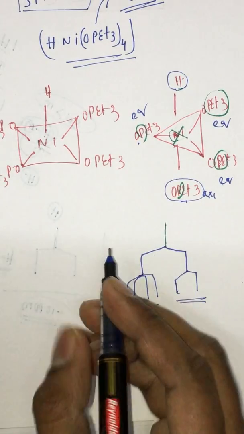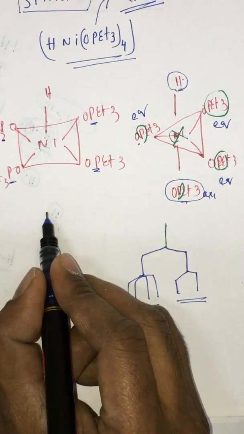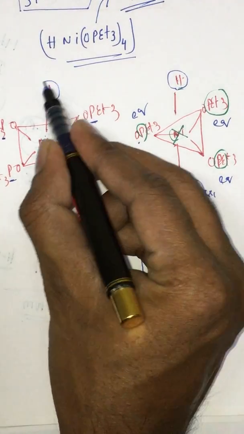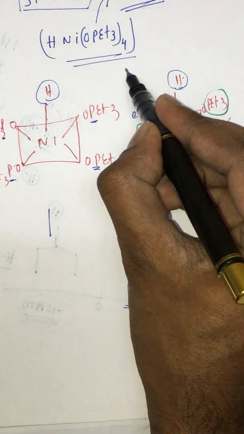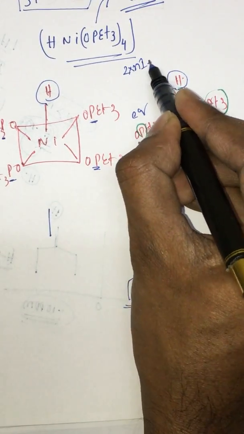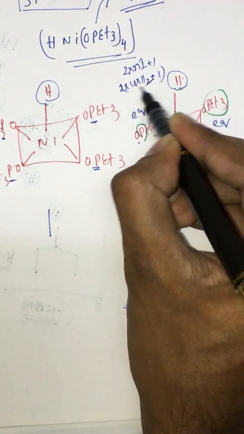So now we'll go for the square pyramidal. Here all phosphorus atoms are the same. We have a single line for hydrogen, and now this will couple with 4 phosphorus atoms. 4 phosphorus means 2nI+1, that is 2 into 4 into 1/2 plus 1. So we have a 5-line signal.